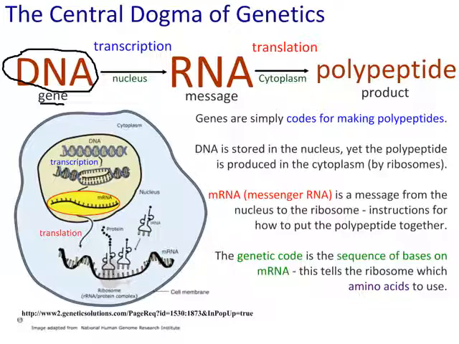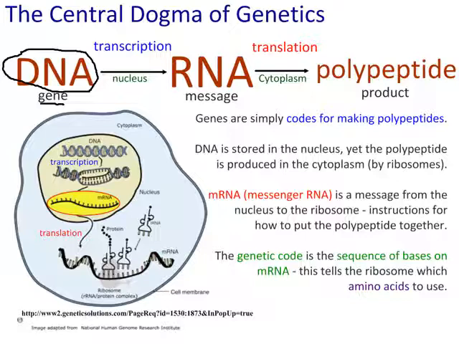Each gene has the instructions to make a specific type of protein. The thing is, DNA cannot exit the nucleus, yet proteins are made at the ribosome. So DNA can't pass a message directly to the ribosome to make the protein. It needs to pass it to something that can exit the nucleus.